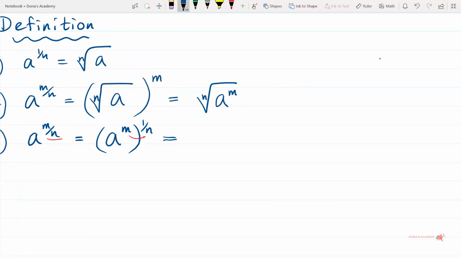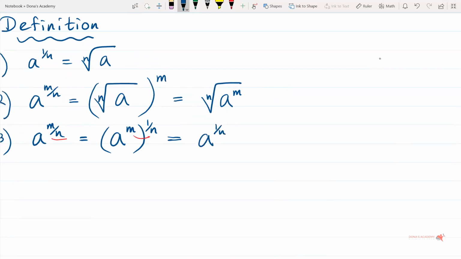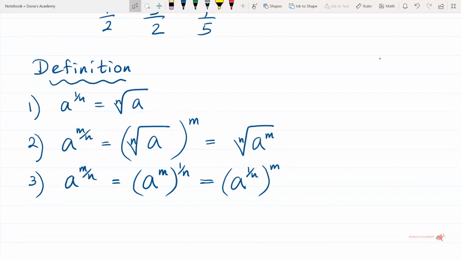It doesn't matter for multiplication, order doesn't matter. So this format is also okay, because if you multiply these two, you get this thing. So here are a couple of definitions for expressions with rational exponents. It is the same as the nth root, and with respect to the nth root, we can have these definitions.